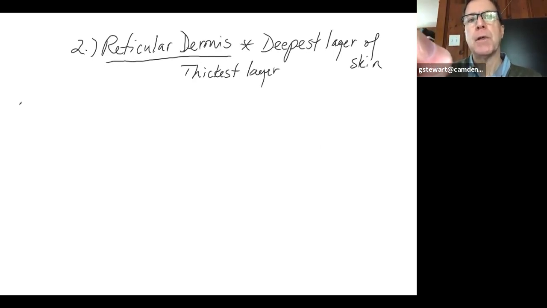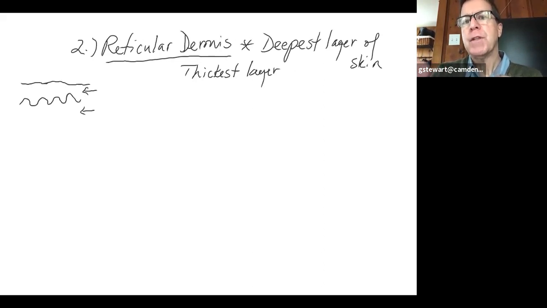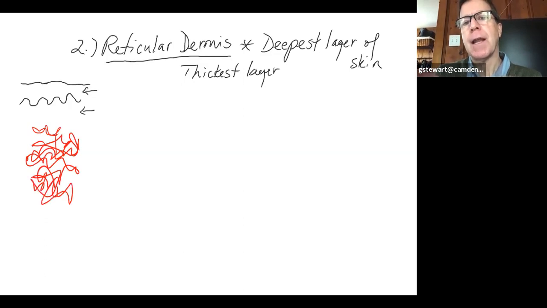So back to our little picture here of the wavy line. Everything above the wavy line are 5 layers of epidermis in here. Here's the papillary dermis that we just went over. Now, reticular dermis would be deep, and the reason I'm using red is because it's mostly dense, irregular connective tissue. So all of this is reticular dermis down here.